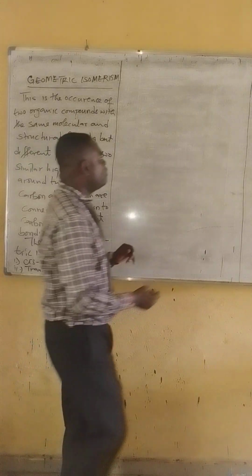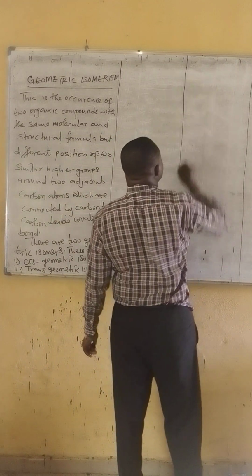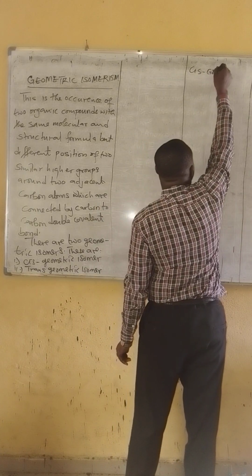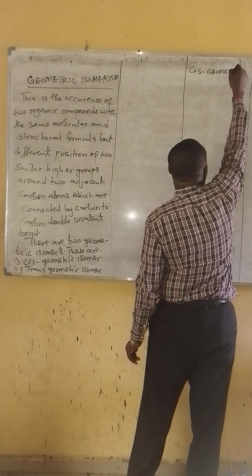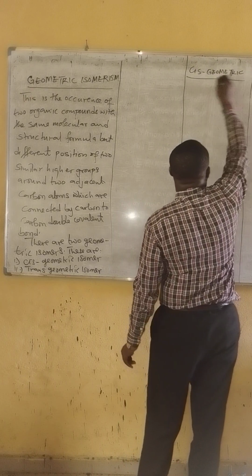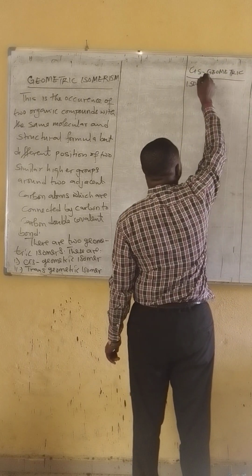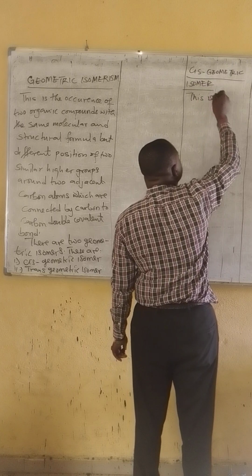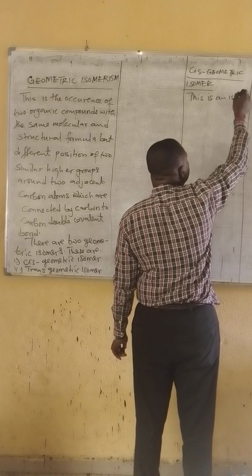Now, what do we mean by cis geometric isomer?